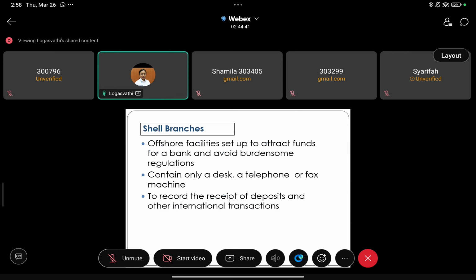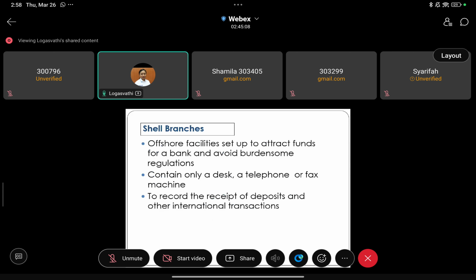Shell branches. Shell branches are located in the offshore centers. It's very low cost. It only contains a desk with one staff, a telephone, and a fax machine. That's it. Normally, but now even no fax machine, it's all through email and computer. They only receive a record of transactions, whether it's a deposit or an international transaction.